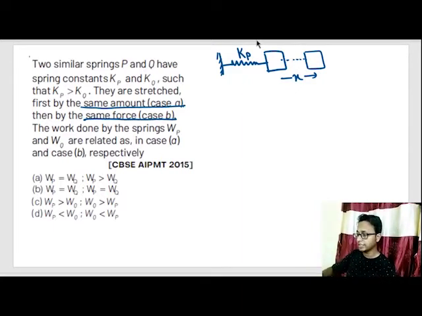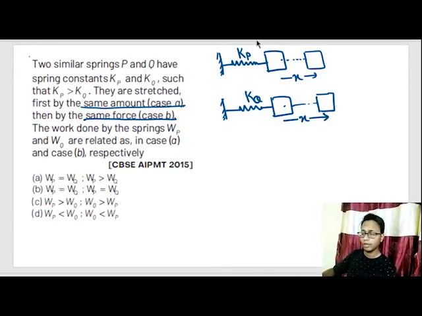Now a second spring Kq was pulled by the same distance x. What is the work done by external force on this spring and this spring? It is given that Kp, the spring constant of the first spring, is greater than the spring constant of the second spring, Kq.